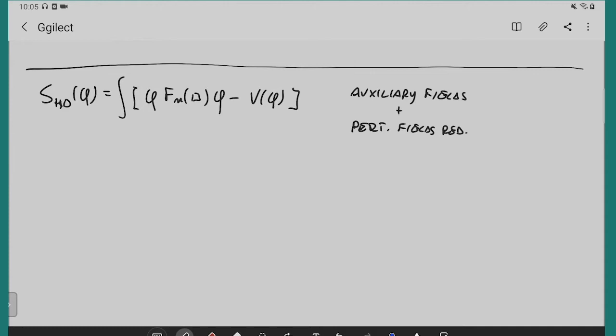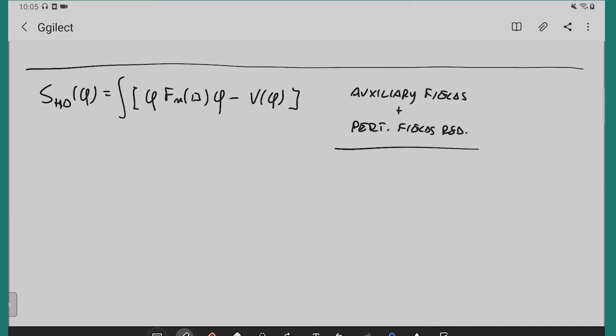This is a higher derivative field theory with one field, but it describes many degrees of freedom, as we saw yesterday, because this function f might have many poles. All of them describe degrees of freedom. And we can recast this action into an action that has only two derivatives and more fields.